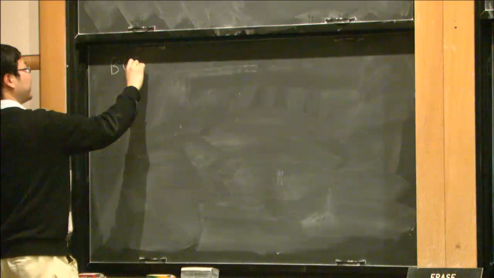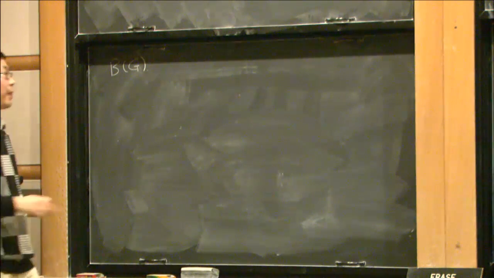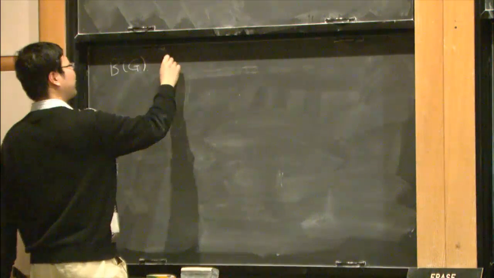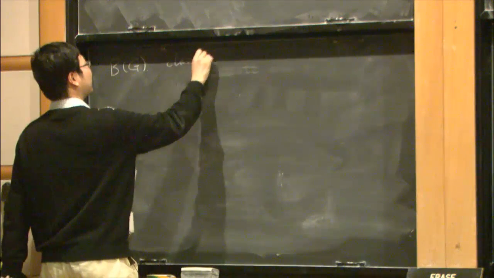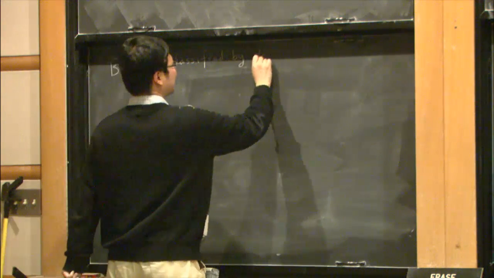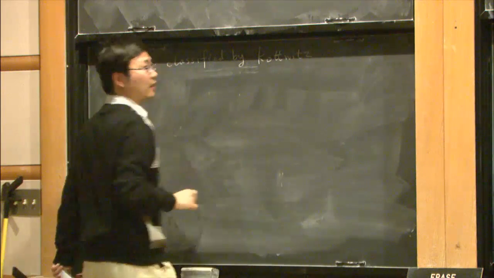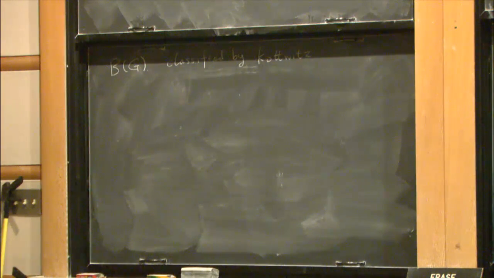So the B of G, this is actually the sigma isocrystals. So this one is actually classified by Kottwitz in the 80s and 90s.